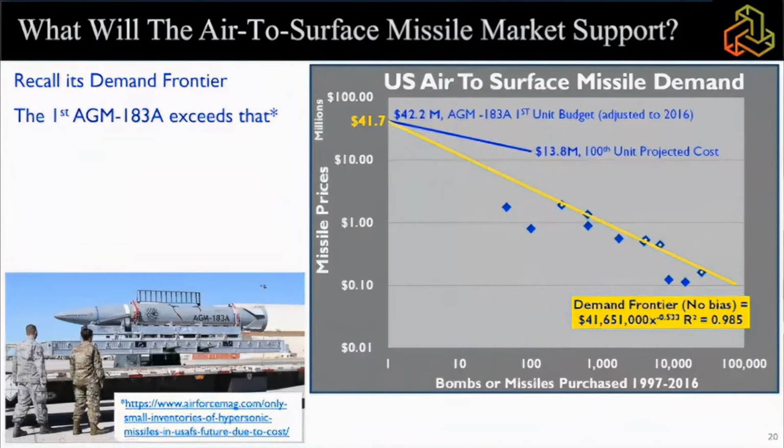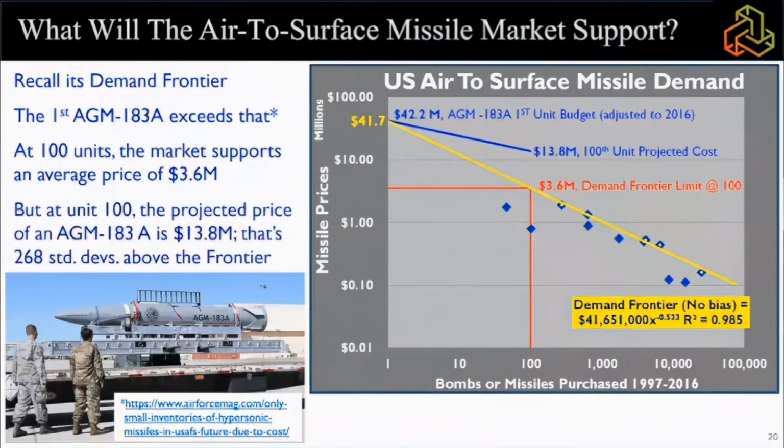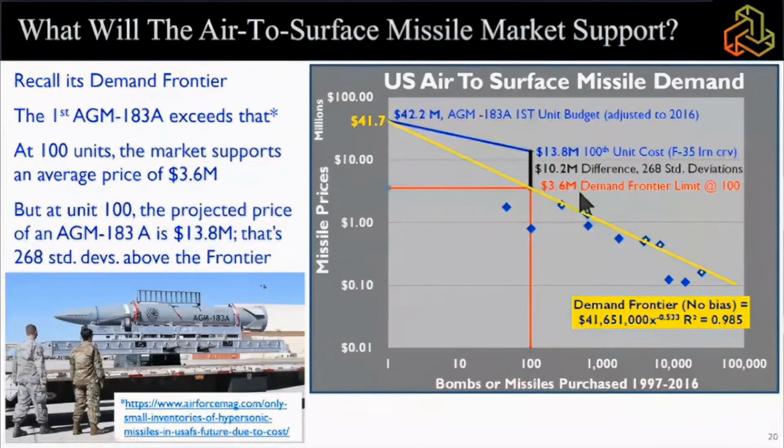Well, what does that have to say about what we're going to be able to do? Well, let's take a look. So at 100 units, if you just do the geometry here, you'll discover that the market only can support an average price of 3.6 million. Well, that means that this projected price here is quite a bit higher than what the market will support. In fact, so much so, you see that these points are very closely tied to the curve.